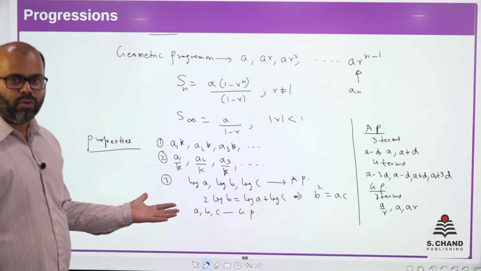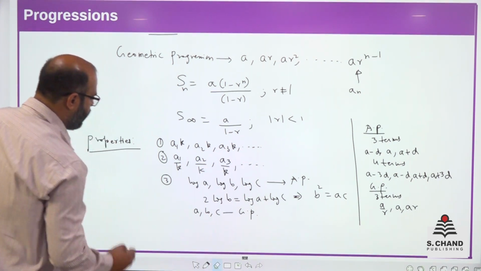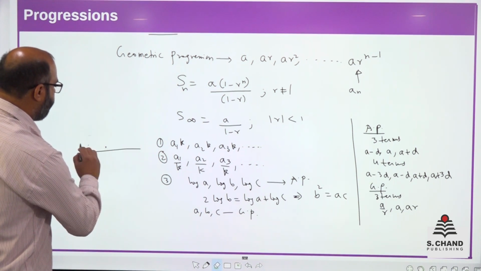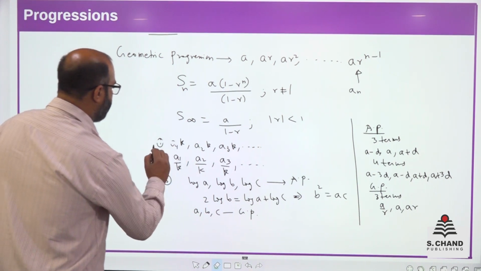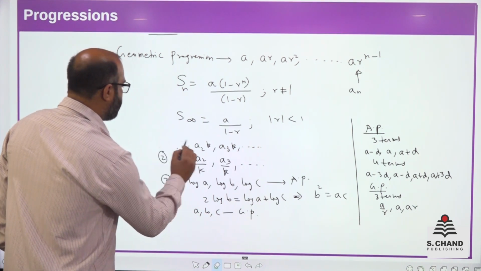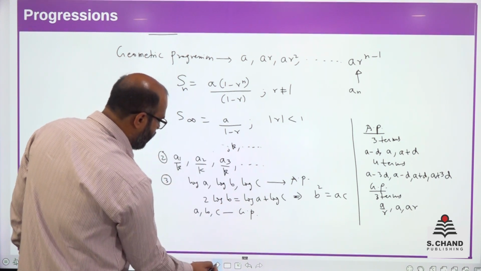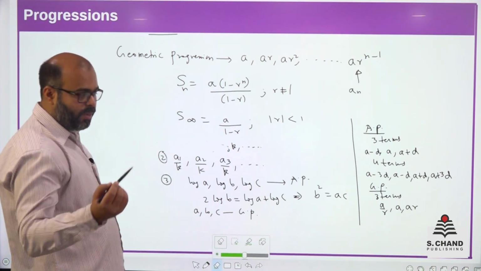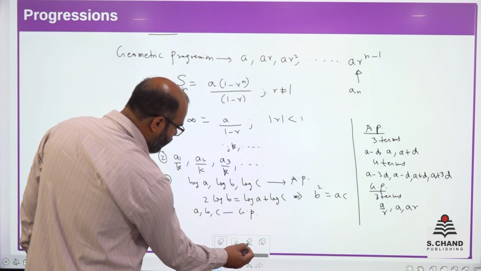Next, we have to also know the geometric means. So, what are the geometric means? Let us come to that. Geometric means formulas are also similar to arithmetic means, as we have seen. So, geometric mean is basically the geometric mean between 2 numbers A and B. Then we also have n geometric means between A and B. Similarly, we have others also.